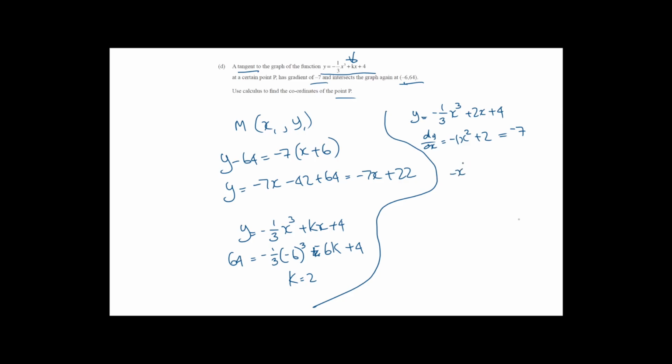So negative x squared equals negative 9. So x squared equals 9. So x equals plus 3 and minus 3. And we know it's got to be one of those two.